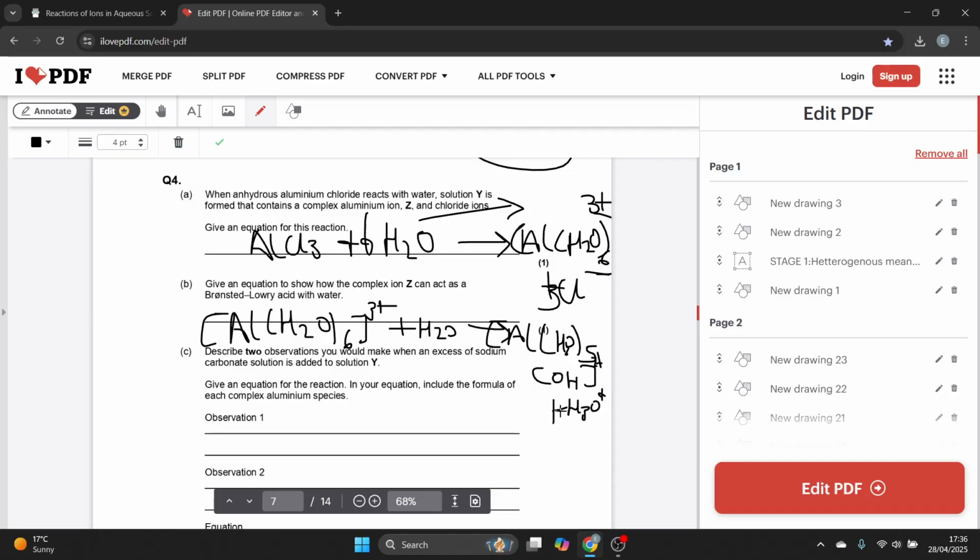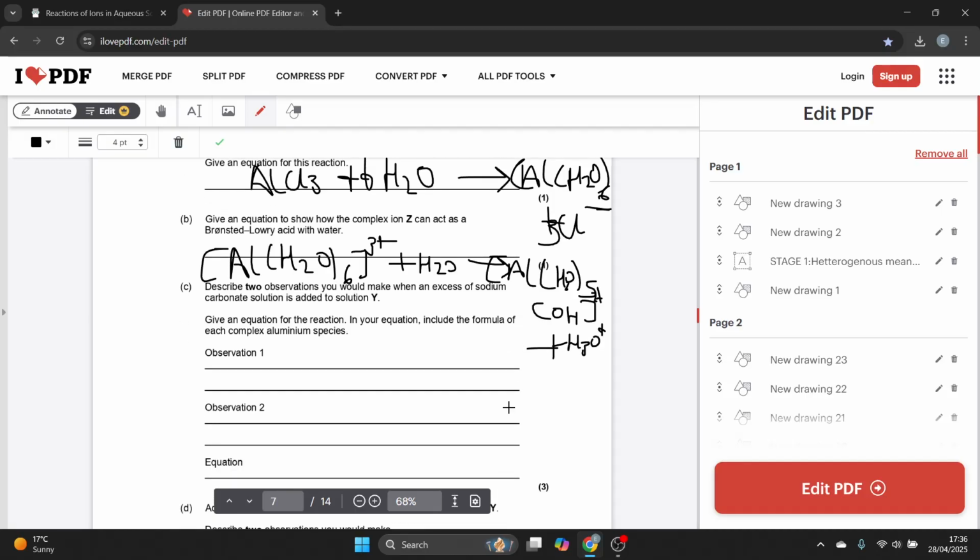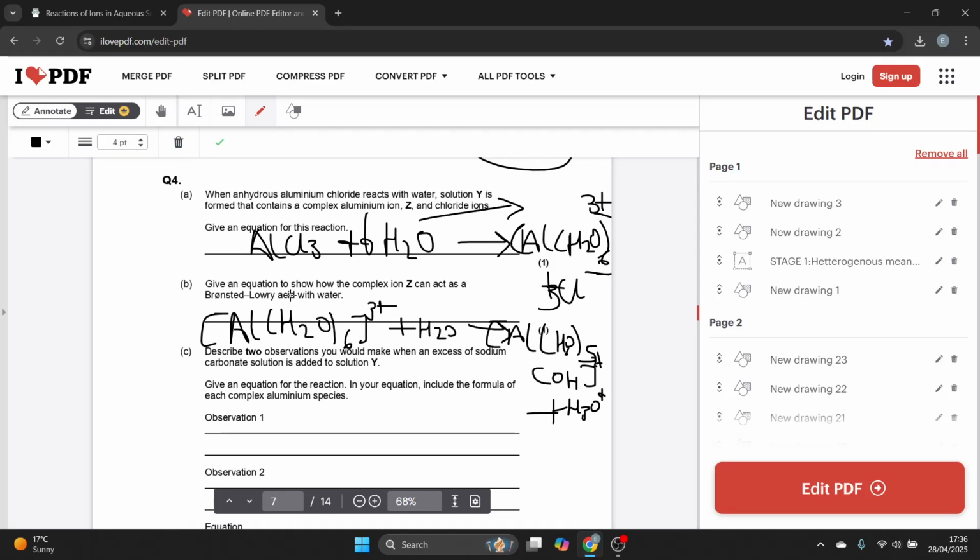plus H3O+. Describe two observations when excess sodium carbonate is added to solution Y. Solution Y is Al(H2O)6 3+. So if you add carbonate ions to that, what happens? That's what it's asking for.